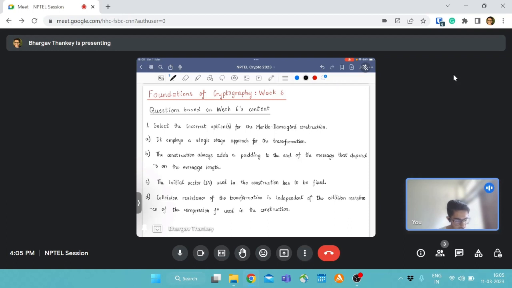And option D is: collision resistance of the transformation is independent of the collision resistance of the compression function used in the construction. Since the first few questions are from the week six assignment, you might have already attempted these questions and you might already know the answer. So would you like to answer these questions? If yes, you can put the answers in the chat.